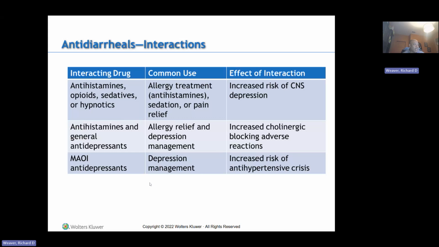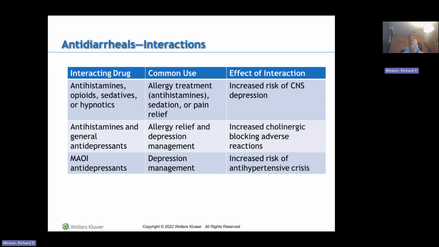Let's see, MAOI antidepressants, given to manage depression, and given with antidiarrheals, it can increase the risk of antihypertensive crisis. I've never seen it written like that before, but hypertensive crisis is a very elevated blood pressure.